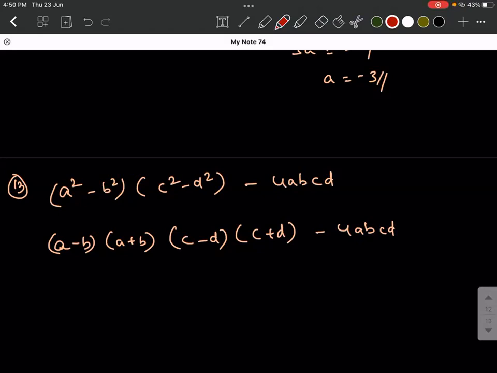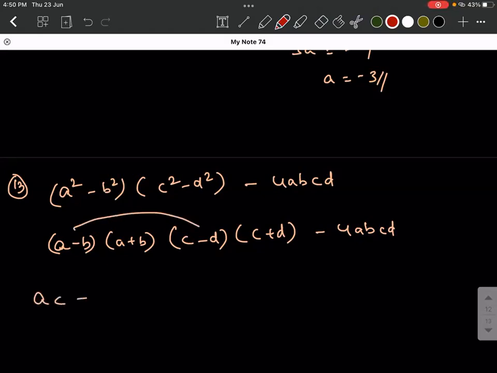So when can I say something is a factor? When it divides, so that you get the remainder as 0. So let's first multiply these two and see what we get.